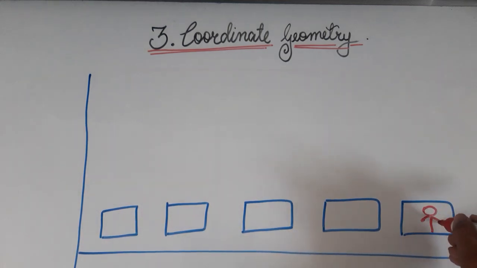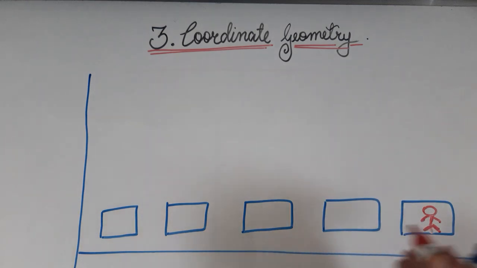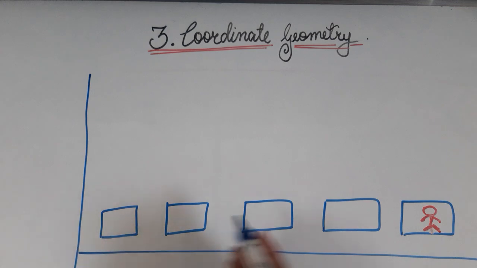Say you are sitting on this chair. If I ask you your address, what will you tell me? That you are sitting on the fourth chair to the right side, from the wall. So this is a wall. From the wall you are sitting at the fourth chair. No, fifth chair, sorry, fifth chair.